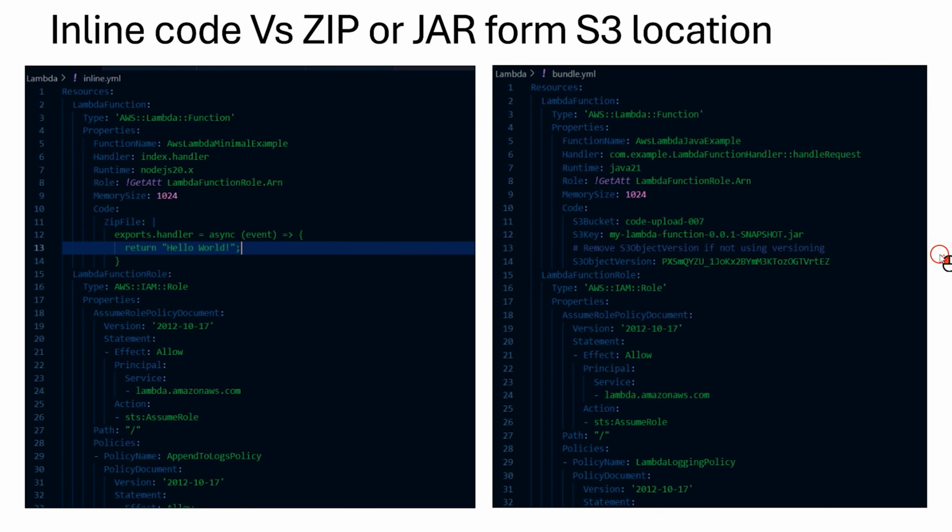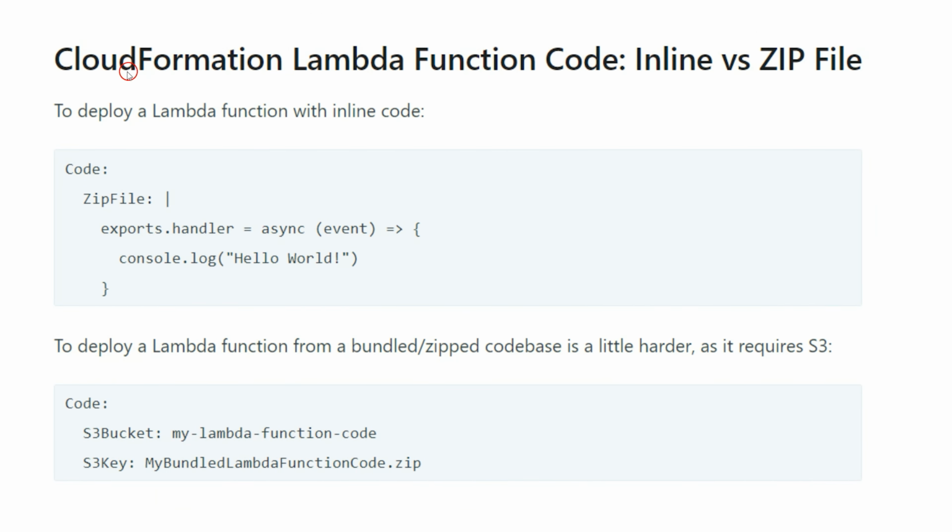And I'm moving on to the next slide. In this slide I am showing the difference between inline versus zip file. The same thing, but now a little bit clearer. You can see the code where I am saying exports.handler. Here itself I'm writing my code. And when it comes to bundled or zipped, here I'm specifying the S3 bucket and S3 key. And one more important point is the S3 object version also.